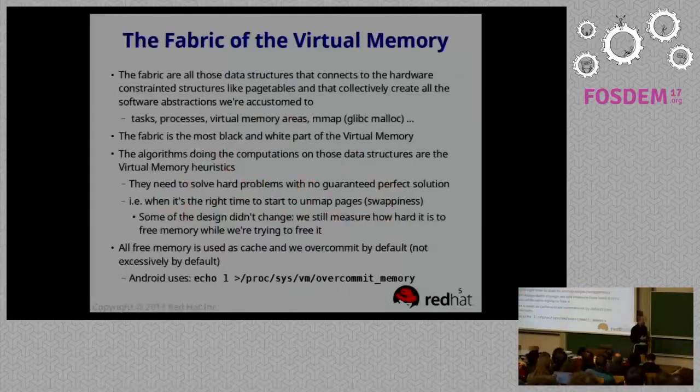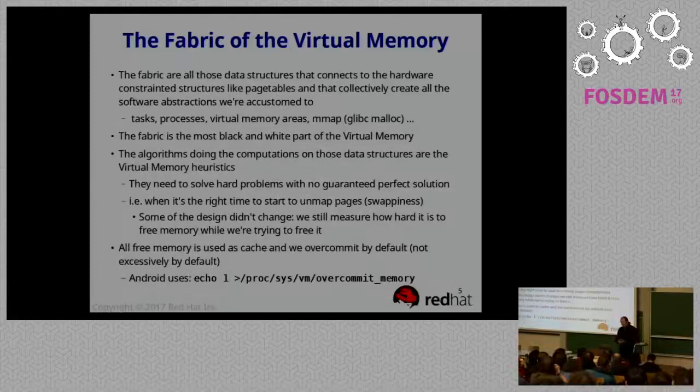To understand the virtual memory subsystem and how it evolved, it's important to understand what they call the fabric of the virtual memory. The fabric is the collection of data structures which are used by all the kernel algorithms which work on memory management.